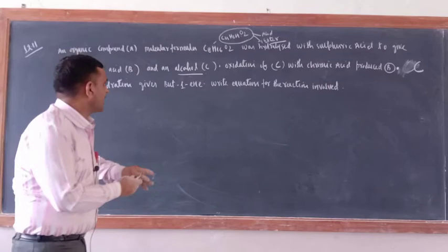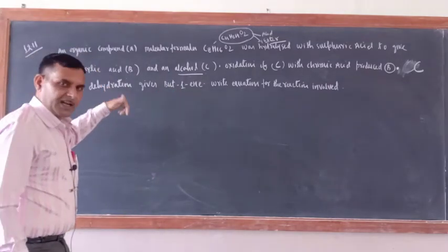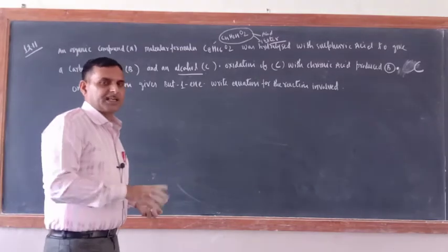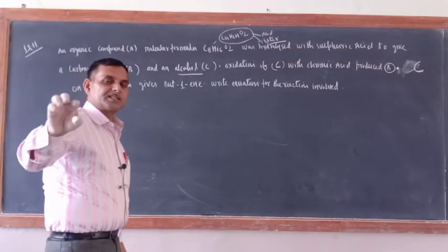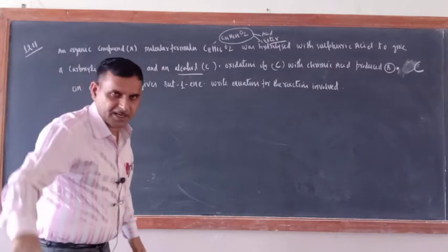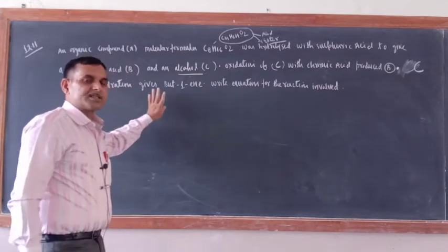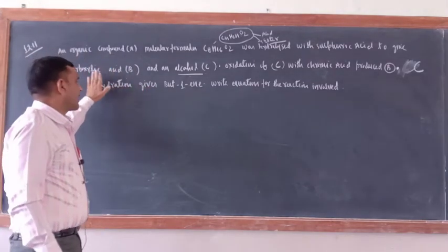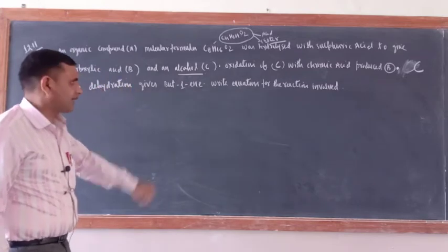Then only the alcohol will be oxidized into this. Because when alcohol is oxidized into carboxylic acid, the number of carbon atoms is not changed. Only in place of OH, COOH will be created.